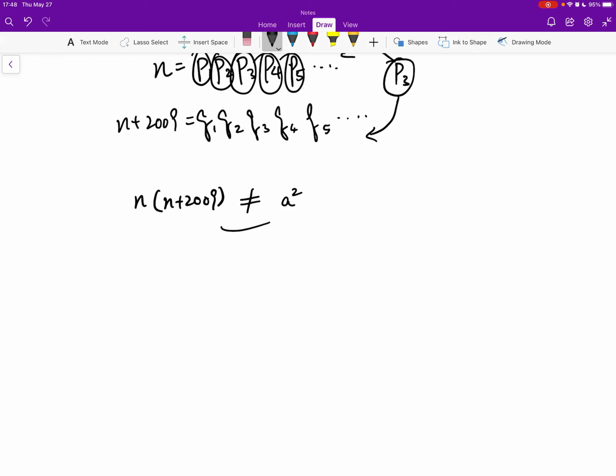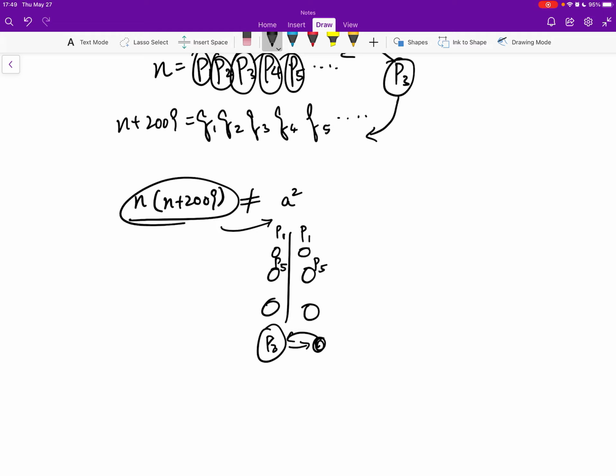For it to be a square number, all of its factors have to be cleanly grouped into two piles: if you have p1 in one, the other must also have a p1; if you have p5, the other also has a p5. You can't have a p3 here without a number equivalent to p3 that is co-prime to all the other numbers. So this unique factor prohibits n times n plus 2009 from being a square number.